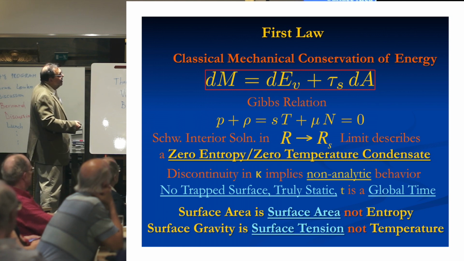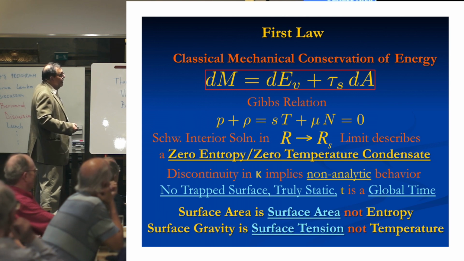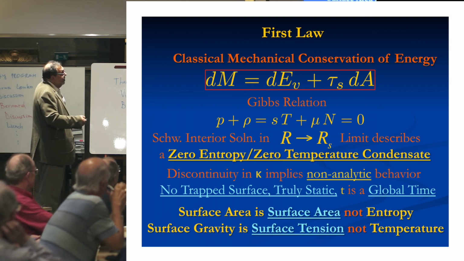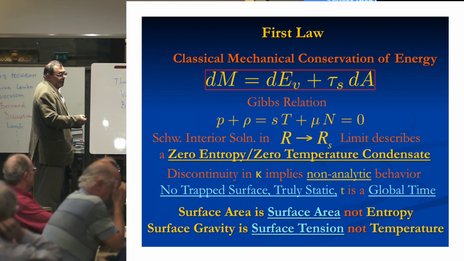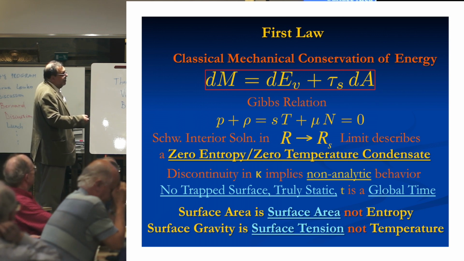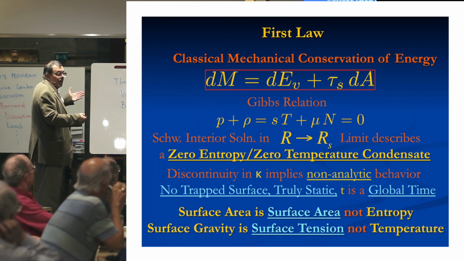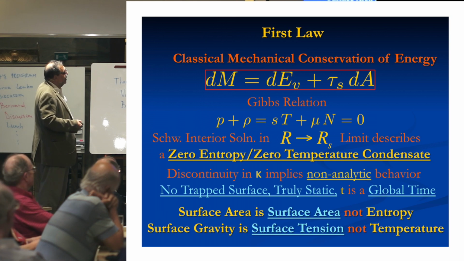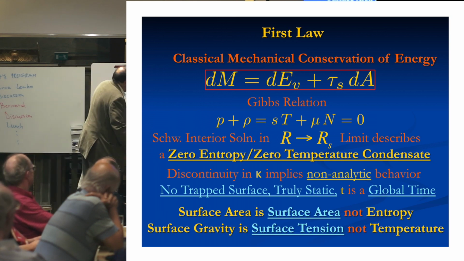The discontinuity in the surface gravity is non-analytic, is really the surface tension, not a temperature in any sense, and the surface area is the area, not the entropy. This just has a classical mechanical interpretation. I don't have to divide or multiply by h bars. There's no Boltzmann's constant in this. It's just classical mechanics applied to this relativistic self-trapped system. Okay? That just comes out.